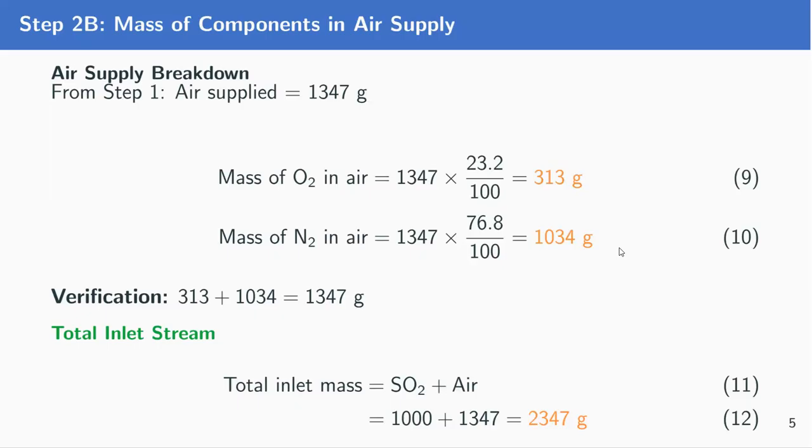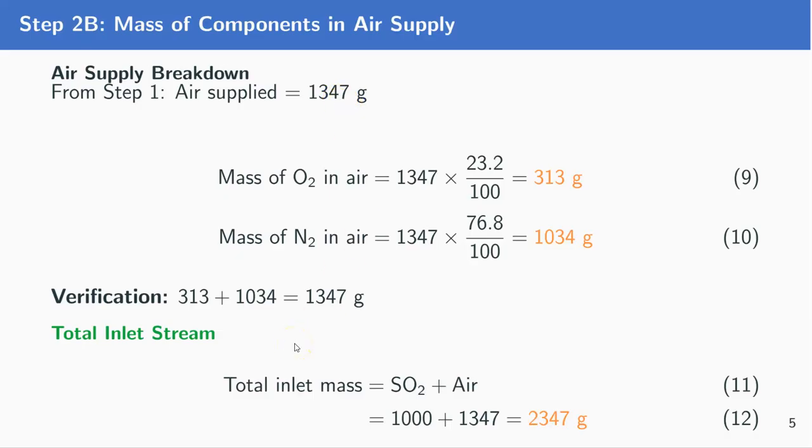Mass of nitrogen in the supplied air is 1347 times 76.8 divided by 100, that is 1034 gram. Here is the verification. Total is 1034 gram of nitrogen and 313 gram of oxygen, so total is 1347. So that is actually the supplied air.